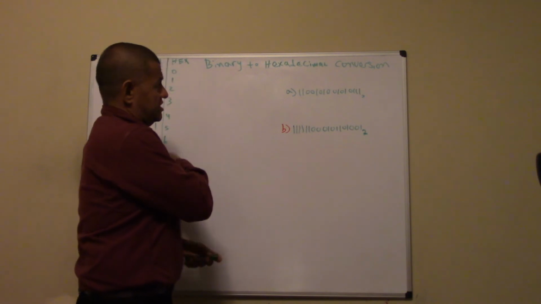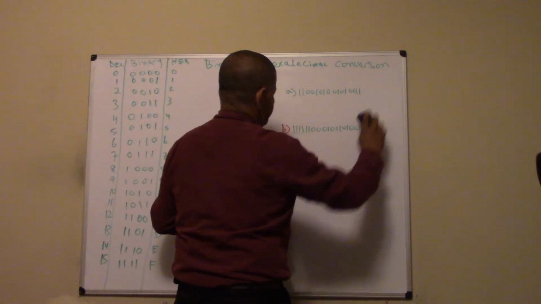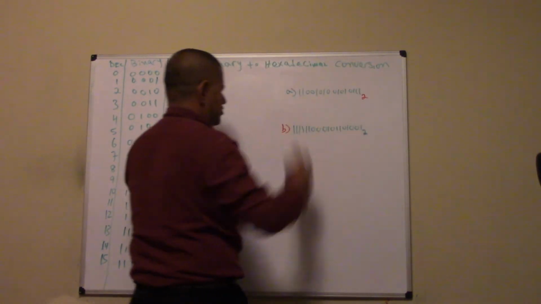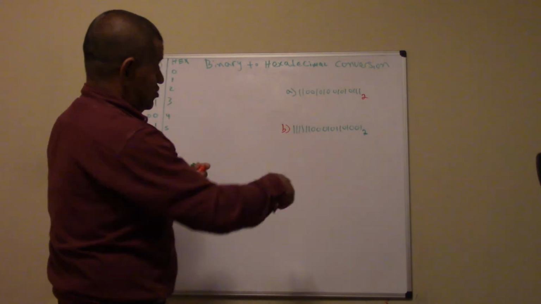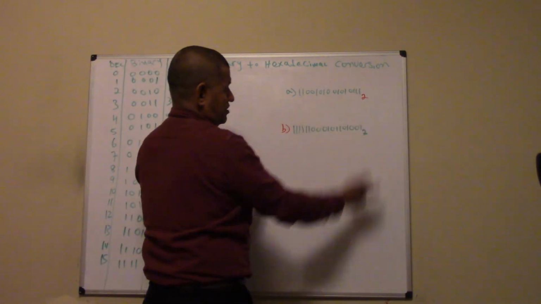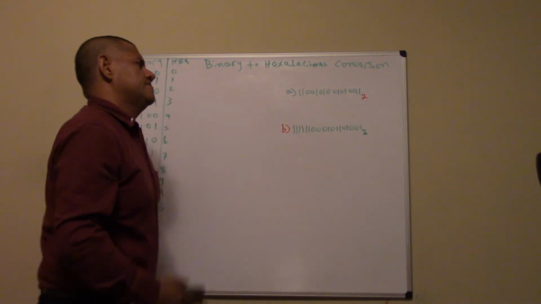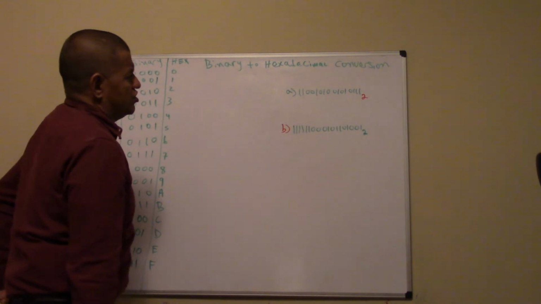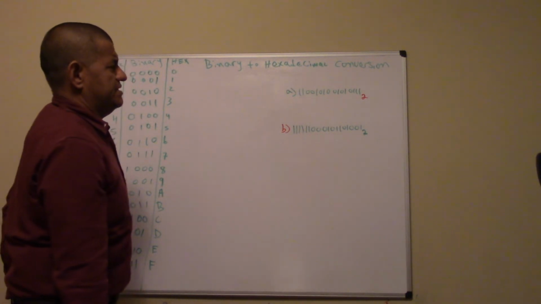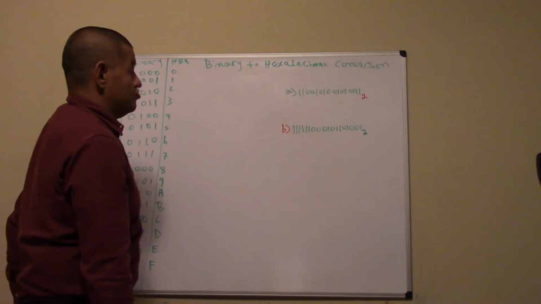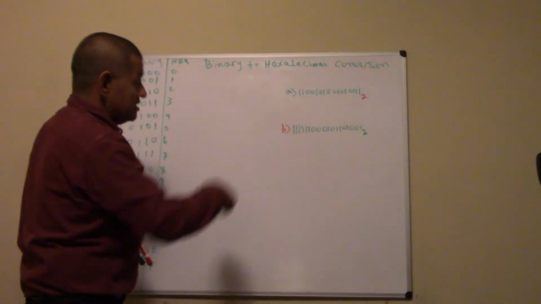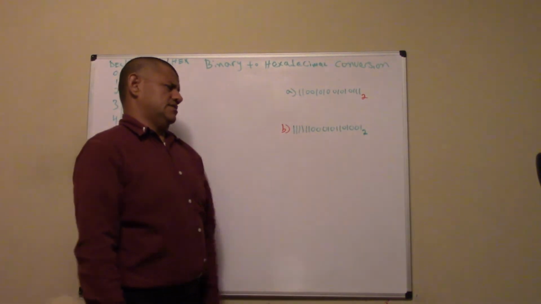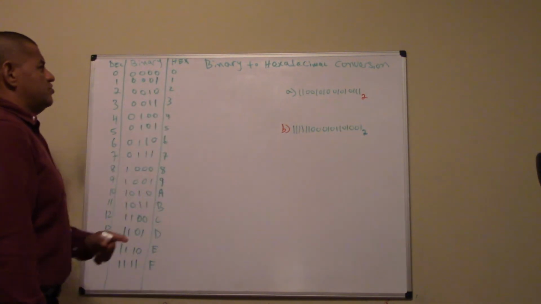Some books put the 2 on it, other books don't, but it's helpful to have the 2 for base 2, and also the 16 to represent base 16, in subscript form like that. Okay, so let's do these two problems here.